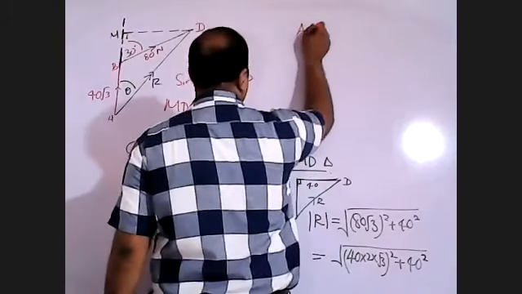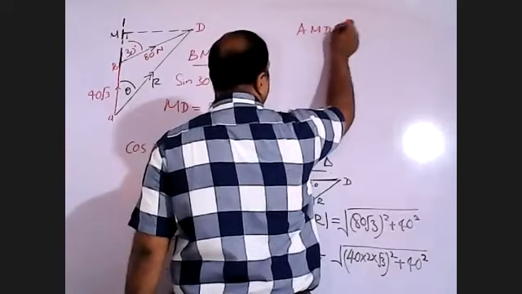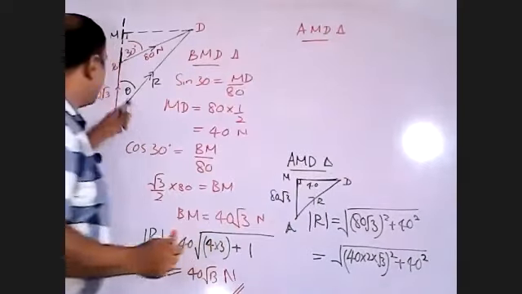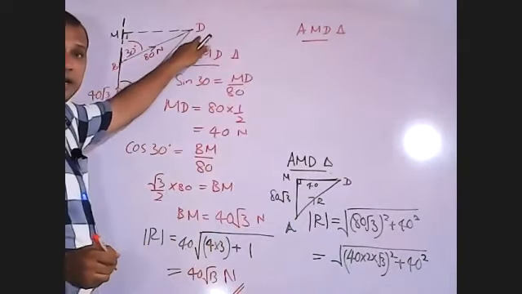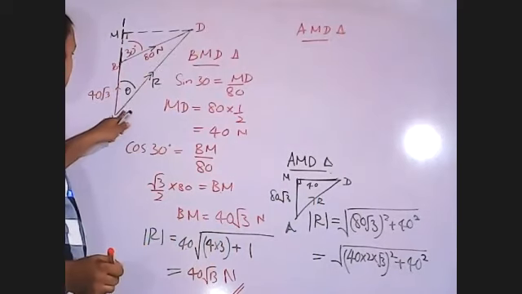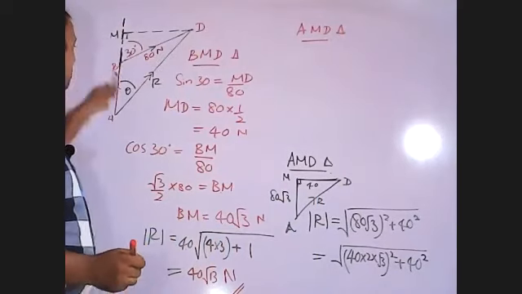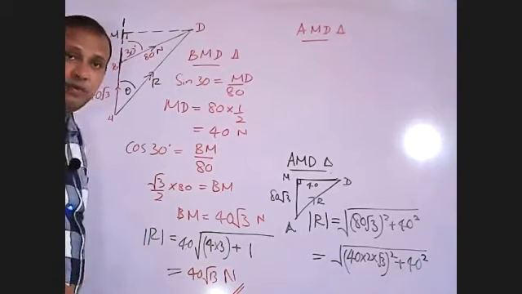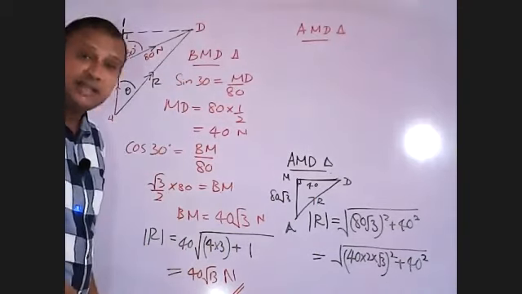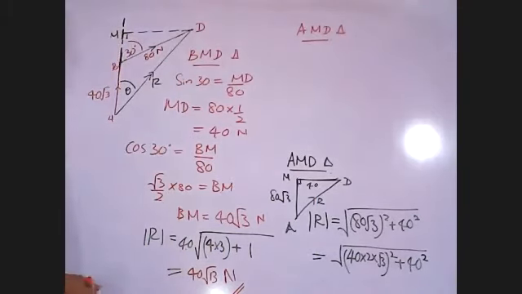Using triangle AMD, I can write tan, sine or cos, anything, because all the lengths are known.